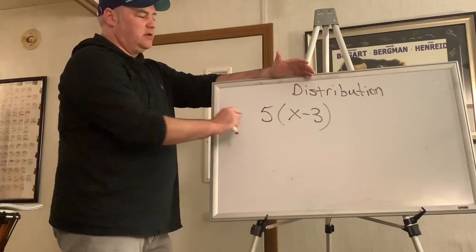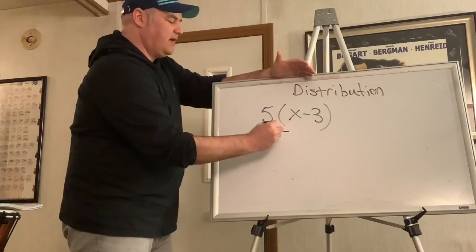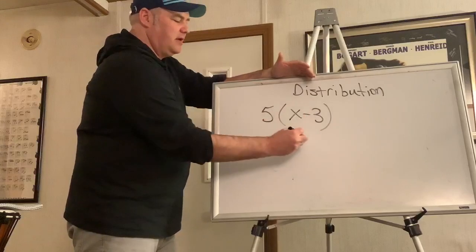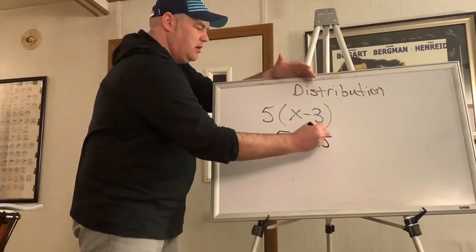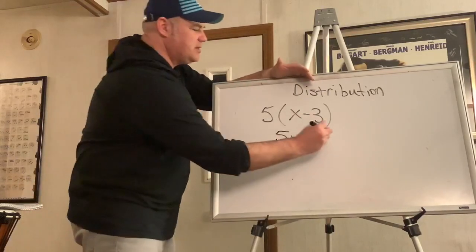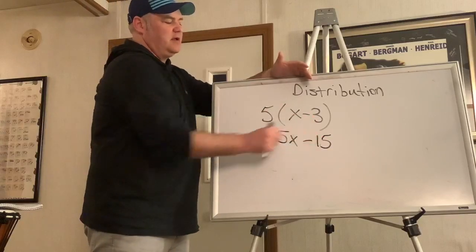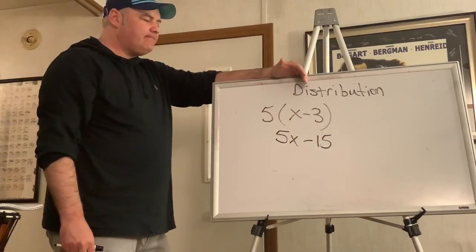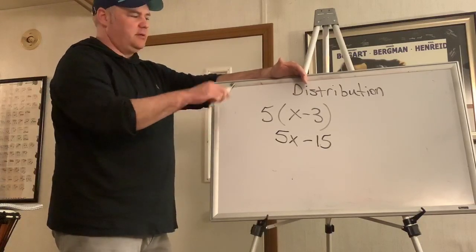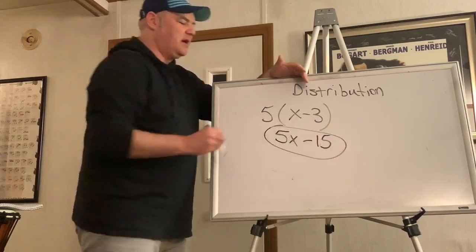That's where you have to learn how to do that, because now we multiply 5 times x, which is 5x, and then 5 times negative 3, which is negative 15. So you've got 5x minus 15.